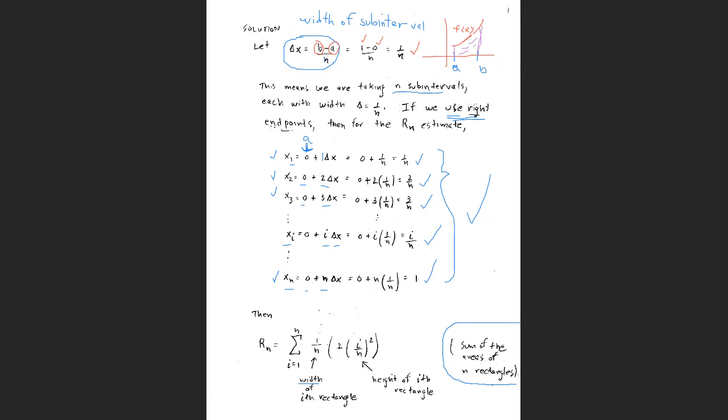We know that to find the area of the ith rectangle, we have to take its width and multiply it by its height. Well, every rectangle has a width of 1 over n. That's your delta x. Okay, that's your delta x.